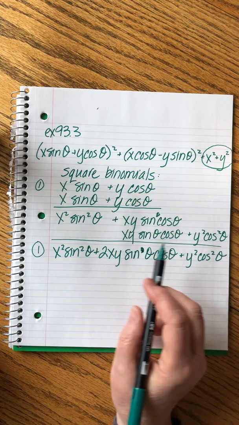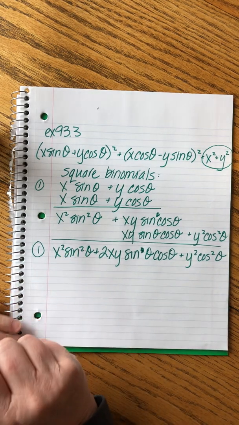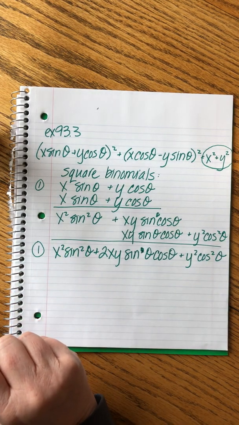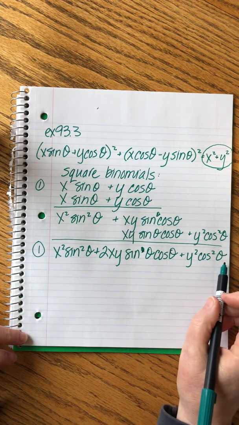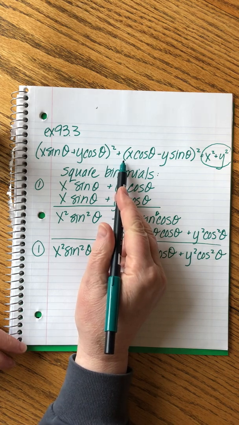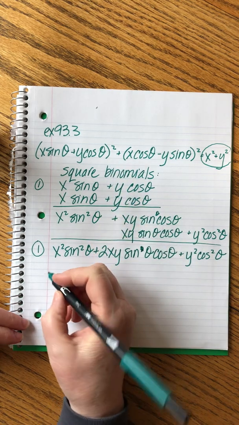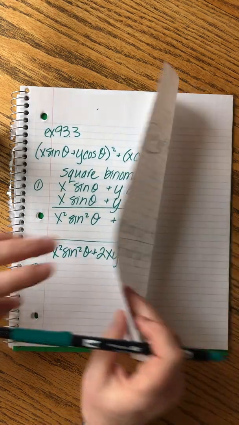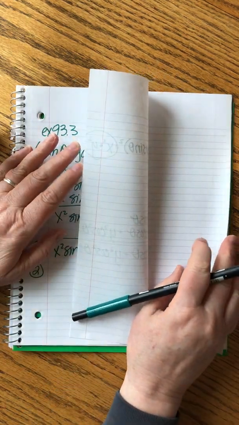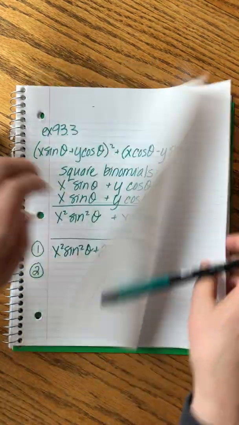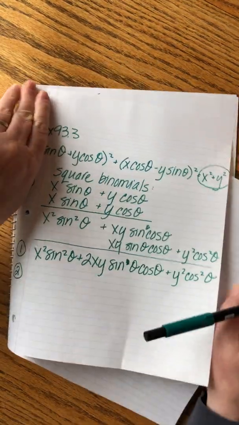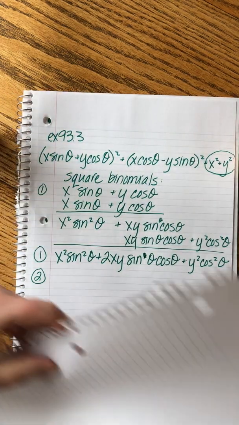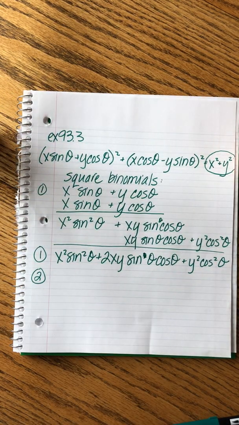Right? Now, what I'm thinking is, I don't want to copy this all over again because I'm going to have to add them. So I'm going to make space right here to where I'll write the second one, but I'm going to square the second one on another piece of paper. You're probably writing smaller, so you can just go down the page, but I'm writing so big that I'm running out of room.